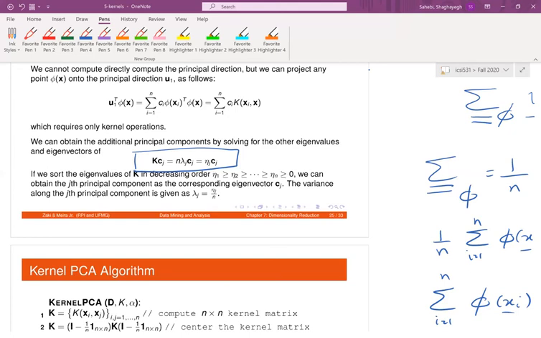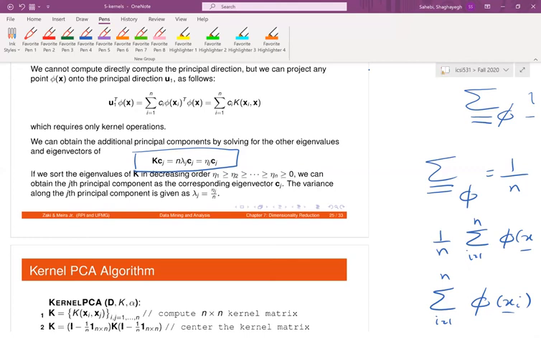Now, basically, the lambda i's show the variance that we get from our data in the direction of the specific principal component that we are looking at.